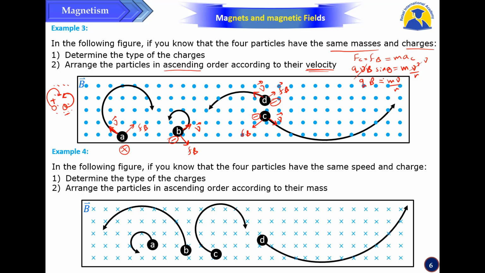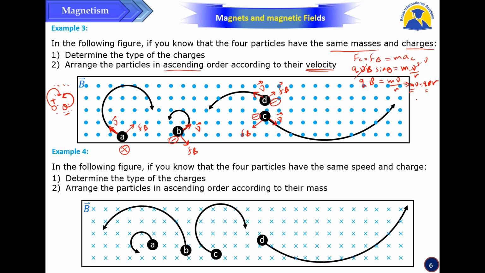We need to find the relation between v and r. So by cross product, mv will equal qBr.